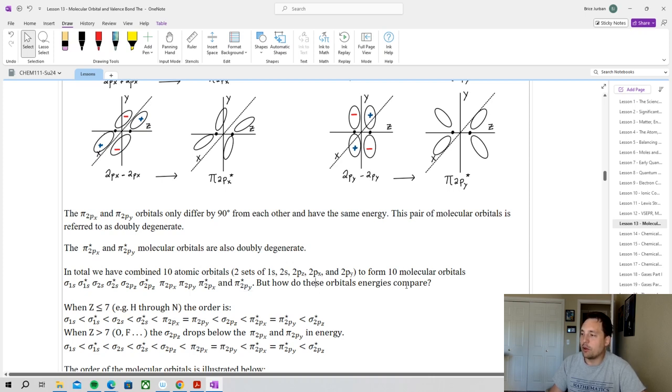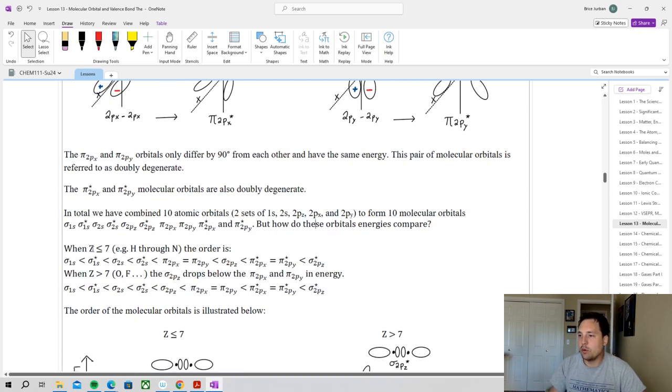But how do each of these orbital energies compare? I kind of talked about them in random order here, and it really comes down to what the atomic number of that element is. When it's hydrogen through nitrogen, the order of the orbital energies is this, where sigma 1s is the lowest energy, and then you have the sigma 1s star and sigma 2s star.